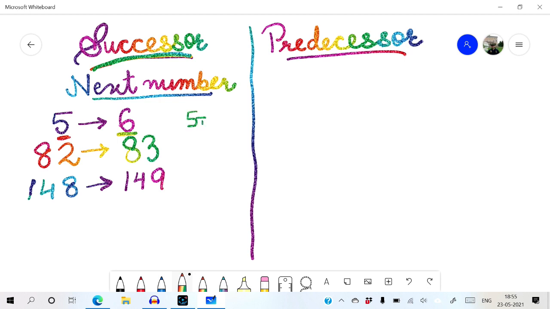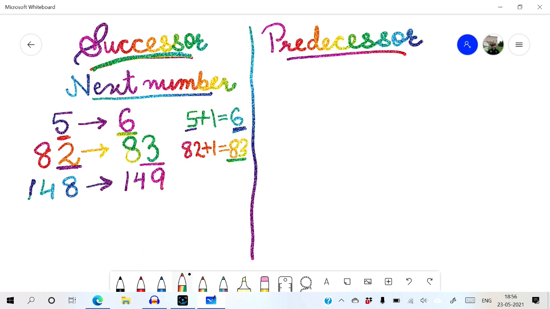5 plus 1 gives us 6. So 6 is the successor of 5. See here, 2 became 3. So 82 plus 1 is equal to 83.